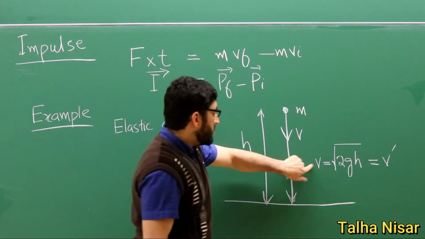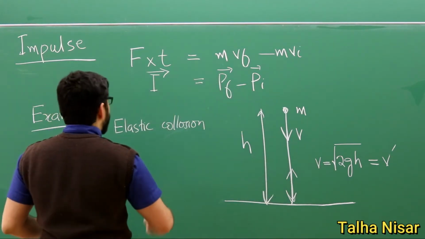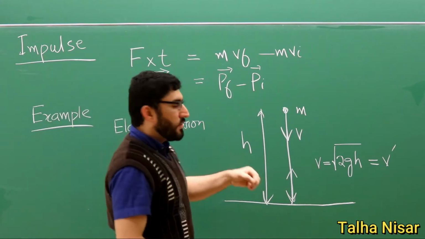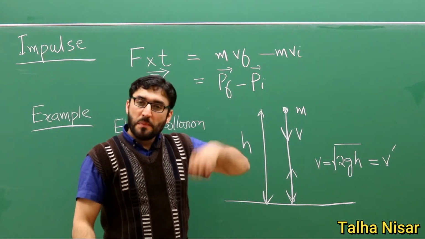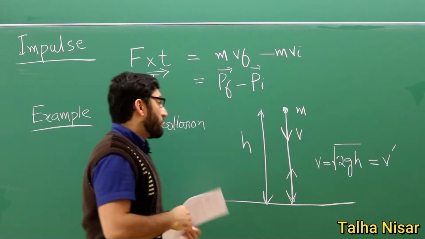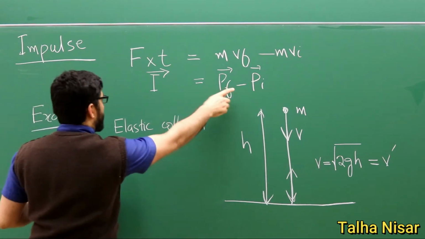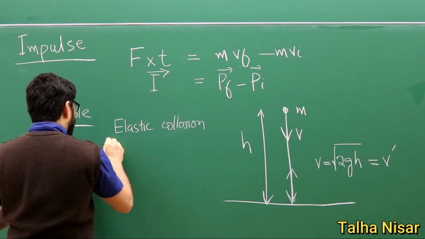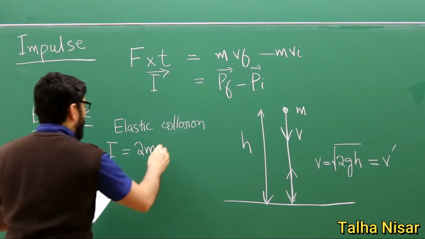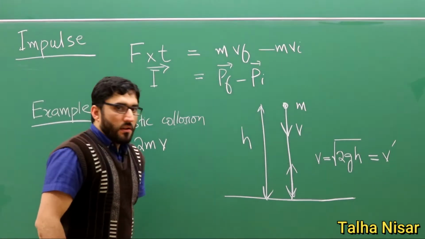So the momentum was mv and it comes back with the same speed, so we have again mv. The change in momentum is the impulse. So the impulse in this case will be 2mv. This is in the case of the elastic collision.